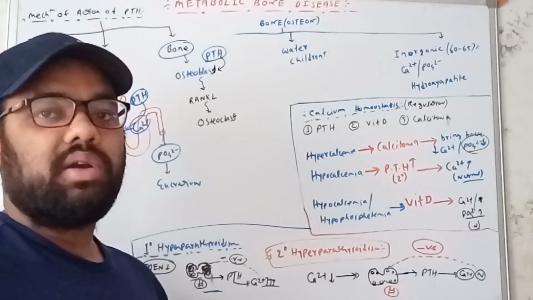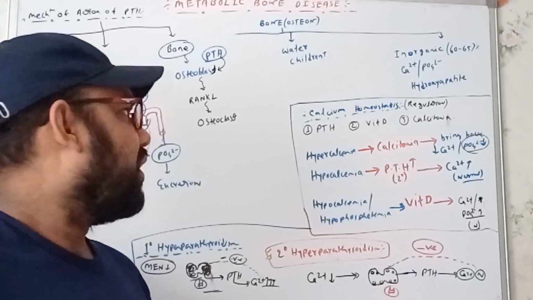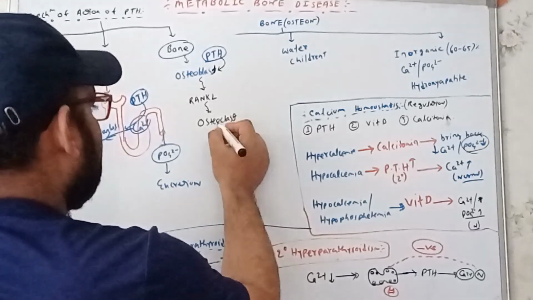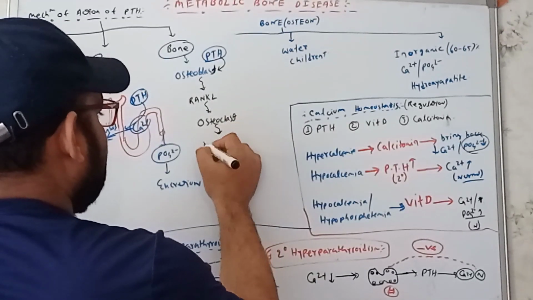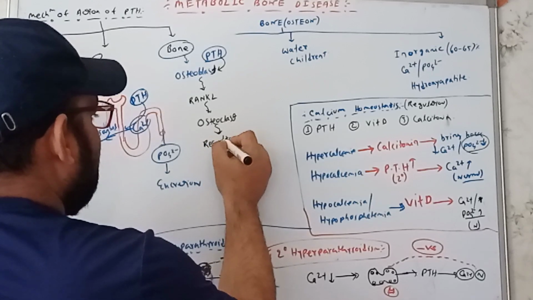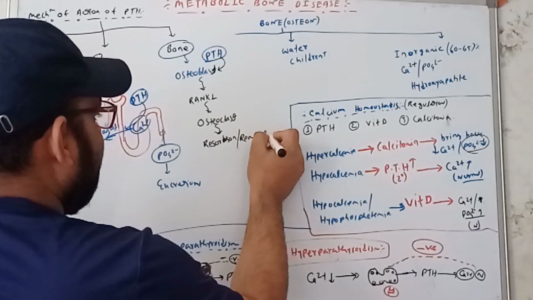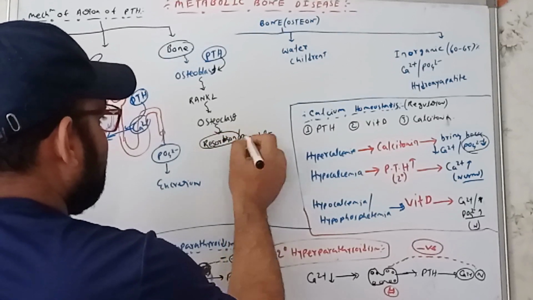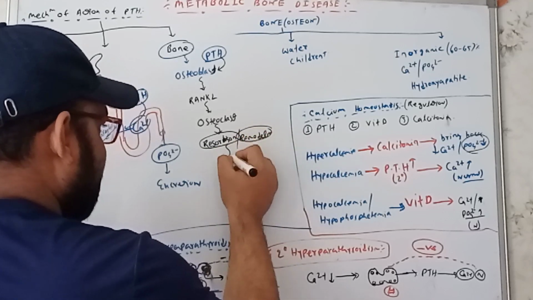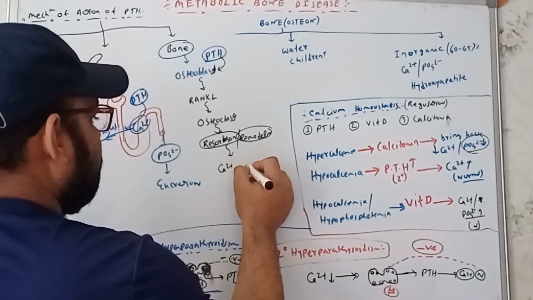So once the osteoclast is activated, whenever the RANK ligand attaches to it, it will start doing resorption of the bone and remodeling of the bone. Whenever we see the resorption or the remodeling of the bone, at that time we will see calcium coming out from the bone.